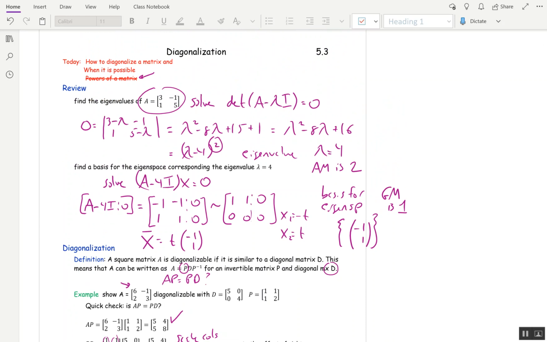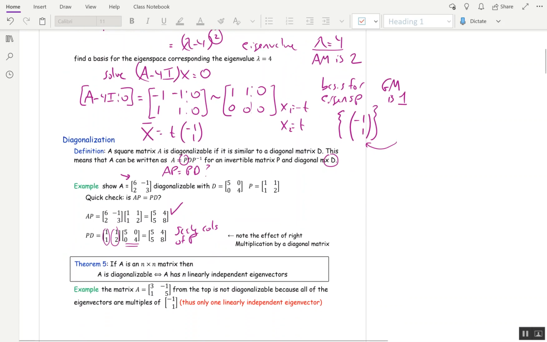It had a single eigenvalue 4, and for that one eigenvalue, there was only one linearly independent eigenvector because the basis had one vector in it. So we would have needed 2 linearly independent eigenvectors in order for A to be diagonalizable. So we don't have to diagonalize A in this case because it's not diagonalizable.